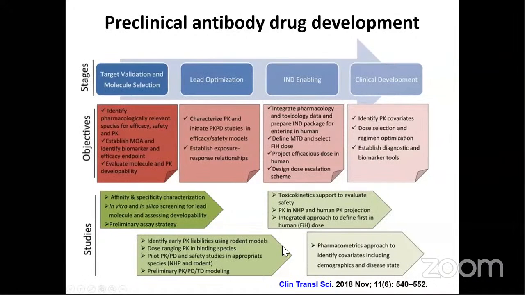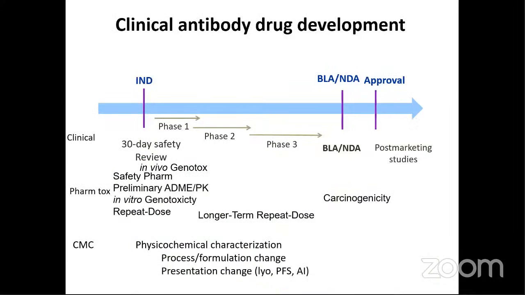Yeah, so in terms of the stage where you are at the IND, you need to make sure that the toxicokinetic data which you have supports the first in human dose, and that's when you would go into clinical development. A lot of this data acquired until this time, which is all preclinical, would be used to justify the clinical development.